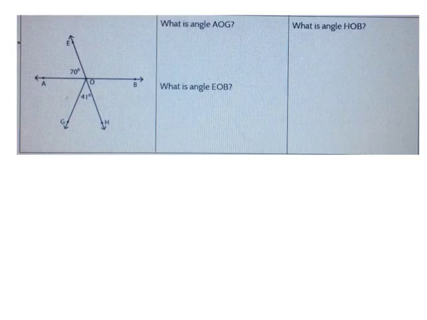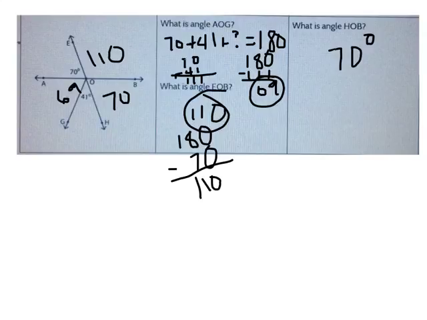Now we're going to try one last example. Solve for angles AOG, EOB, and HOB. I know that angle AOG is on a straight line with angles EOA and GOH. So I can add 70 plus 41, which is 111. 180 minus 111 is 69 degrees.